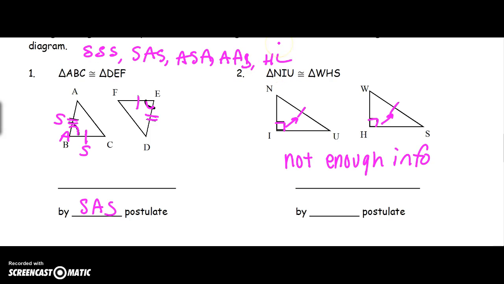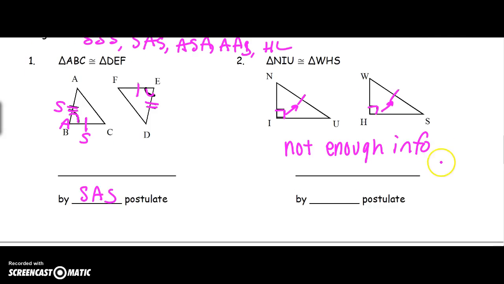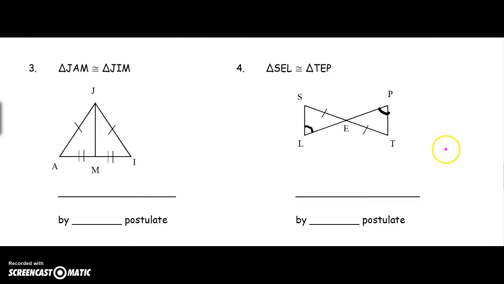There are some combinations that do not work with this, and that's based on the side lengths, because if those can change, your angle measures could possibly be the same. But side lengths vary. So these are the only 5 ways of proving triangles congruent. So if you end up with something different, it does not work or not enough information.